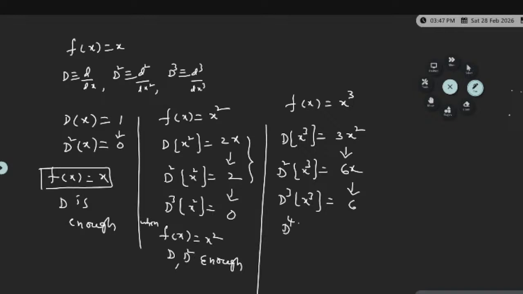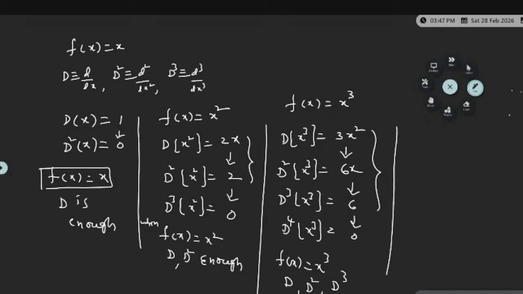Once again differentiate: 0. Now what is required? If f of x equal to x cube, we need D, D square, D cube. From D power 4, the outputs are 0.